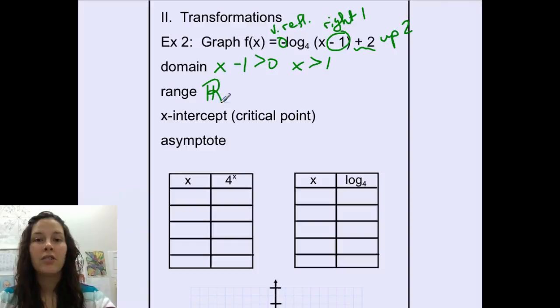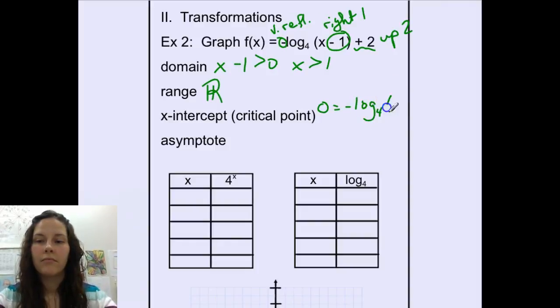Our exponential functions have a y-intercept, so flipping that around, our log functions will have an x-intercept. So we set the function equal to 0 and solve. The first thing I'm going to do is subtract 2 from both sides.